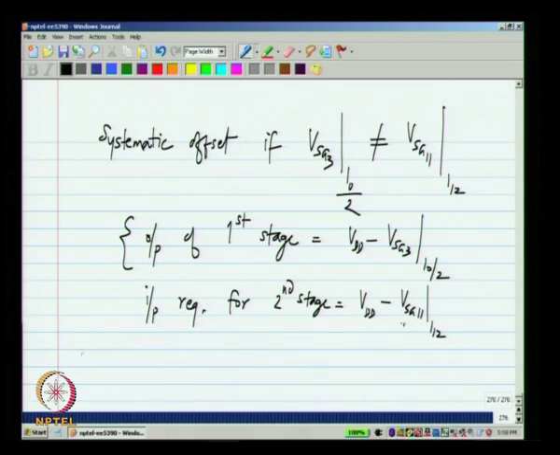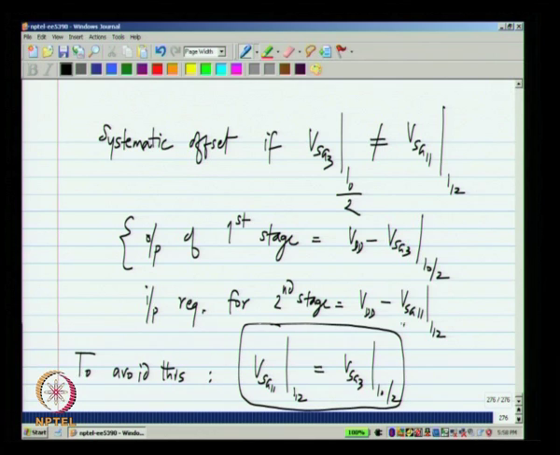And to avoid this, you deliberately make VSG11 for a current of I12 equal to VSG3 for a current of I0 by 2.